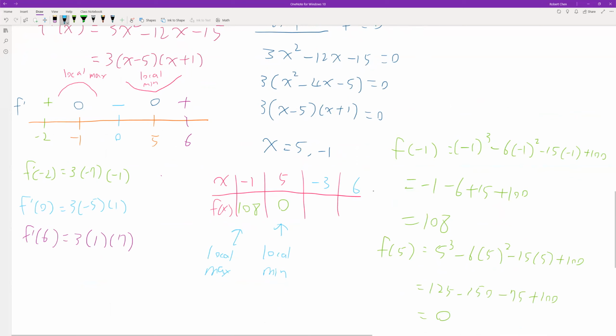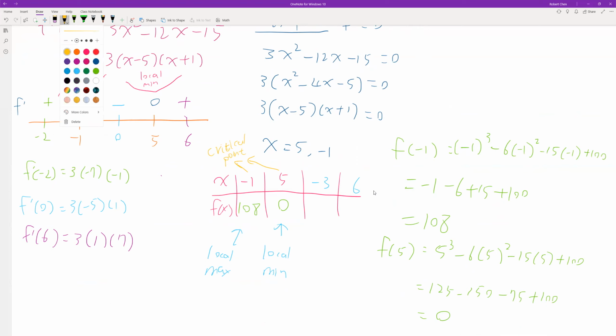Just making a note: these two, -1 and 5, are the critical points, and -3 and 6 are the endpoints.